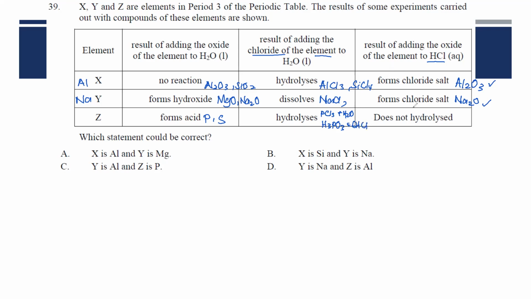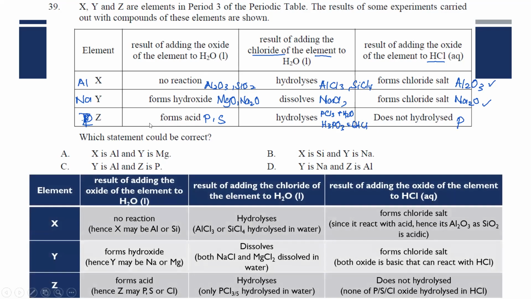The result of adding the element does not hydrolyze, so that means no reaction. So phosphorus fits the description, so Z is phosphorus. So the best answer in here would be A.